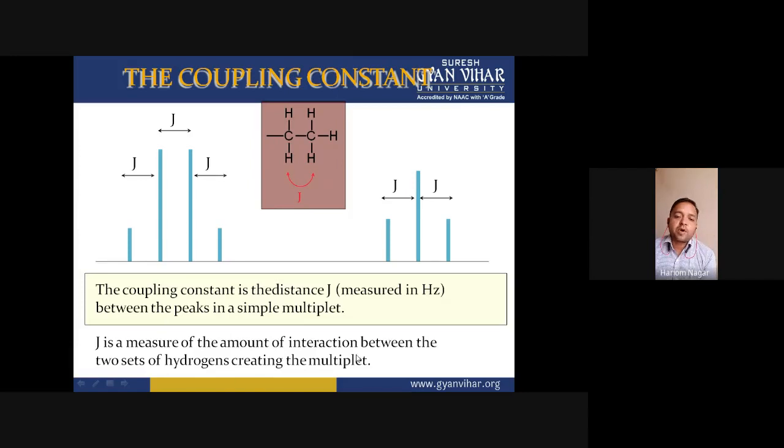And J is the measure of the amount of interaction between the two sets of hydrogens creating the multiplet, right? Interaction means interaction of the two protons; they separate a signal into two peaks in a multiplet.